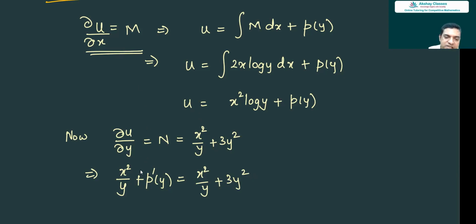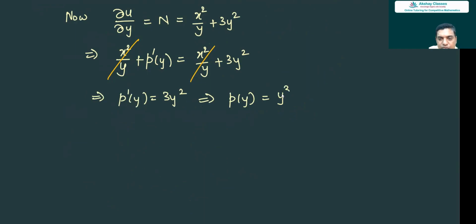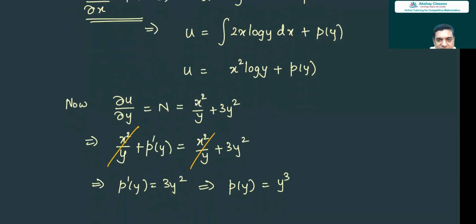So this cancels, and from here we get p dash y is equal to 3y square, which means p of y is equal to y cube, integrating.